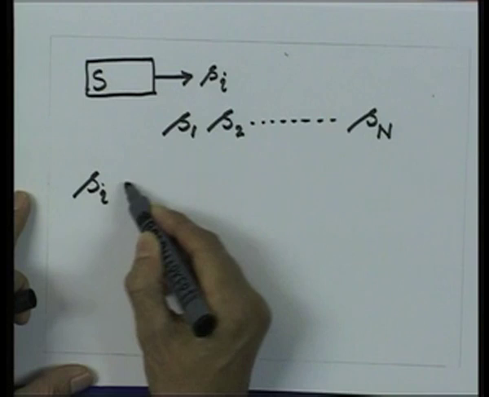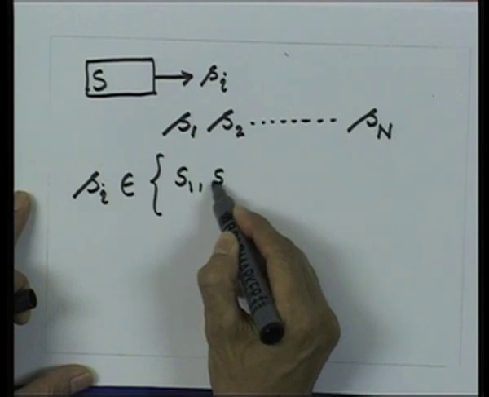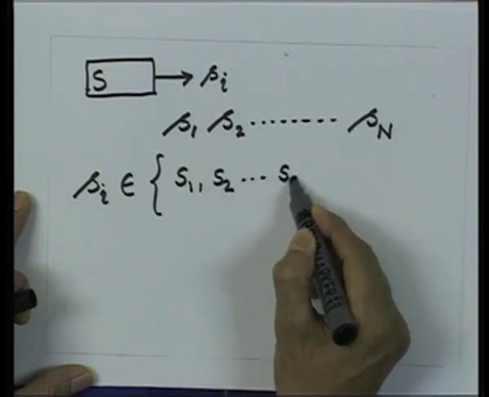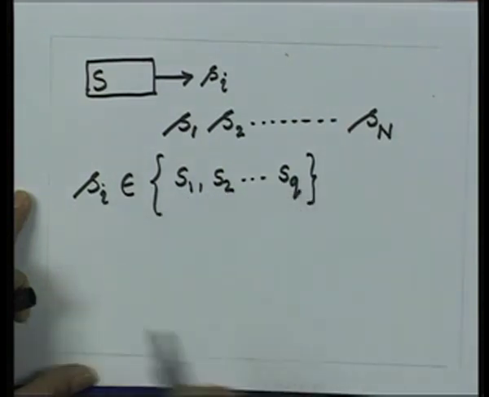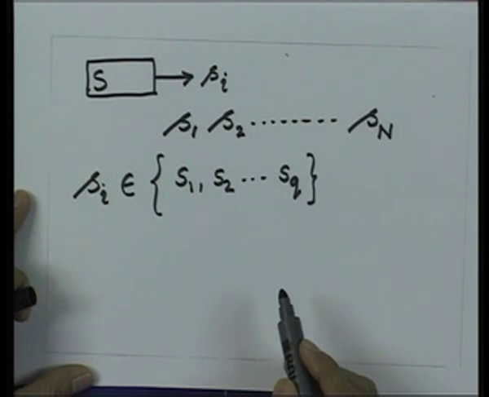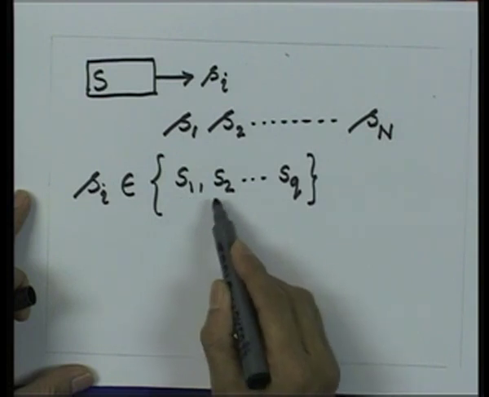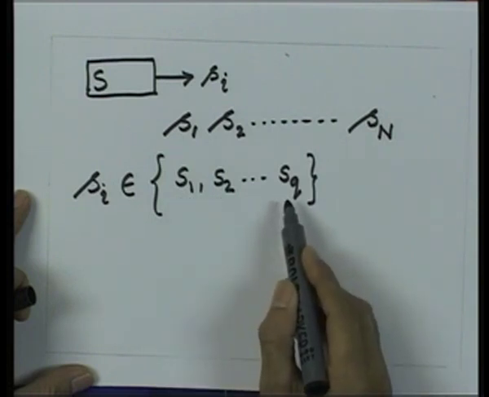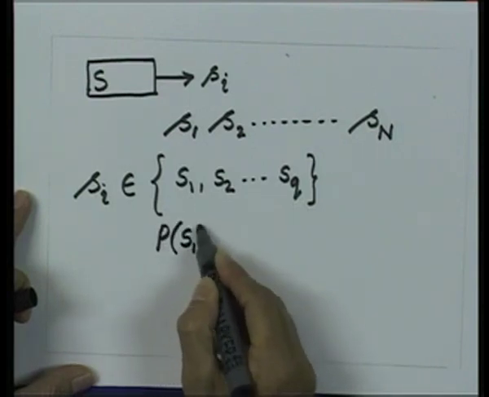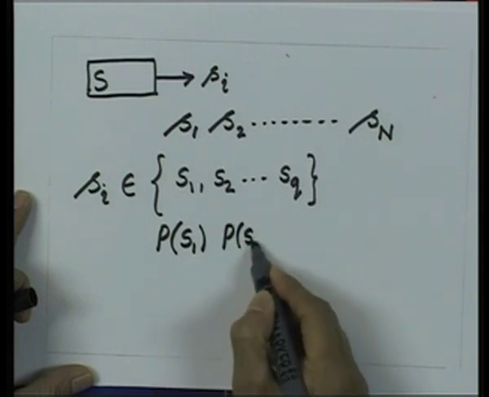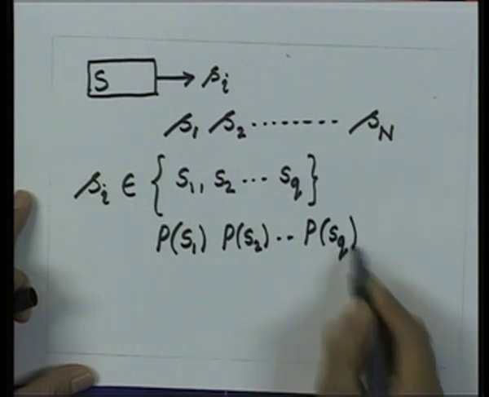So Si belongs to the set S1, S2, up to Sq. These are the only values which Si can take. With each of these S1, S2, up to Sq, there is a probability of occurrence associated with it. Let me call them P of S1, P of S2 and P of Sq.